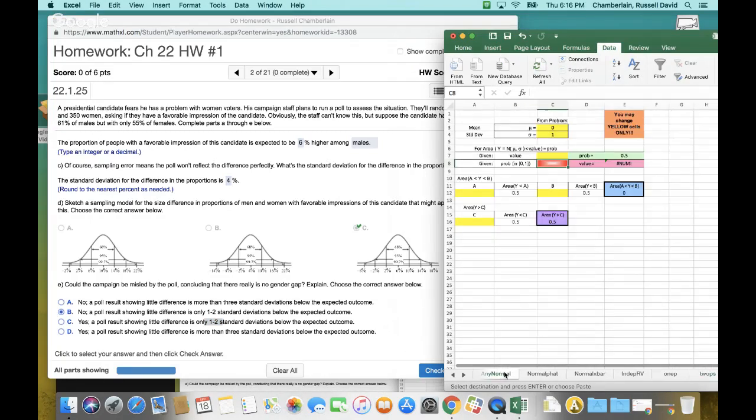Let's help our intuition a little bit here. What if I had a mean of 0.06, with a 0.04 standard deviation?